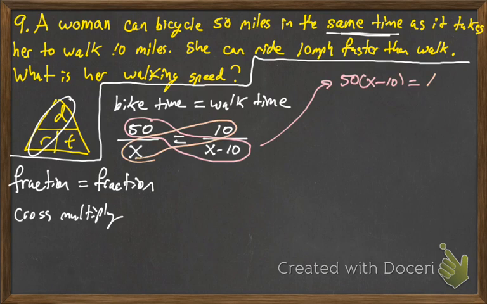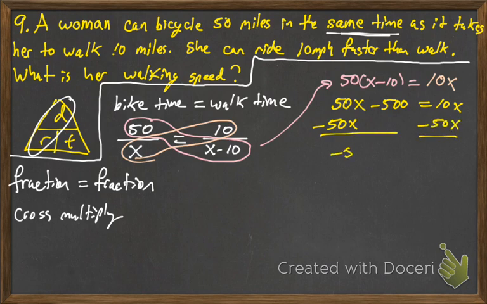Okay, so 50 times x minus 10 equals 10 times x. Distribute the 50. Subtract 50x. Divide by negative 40.